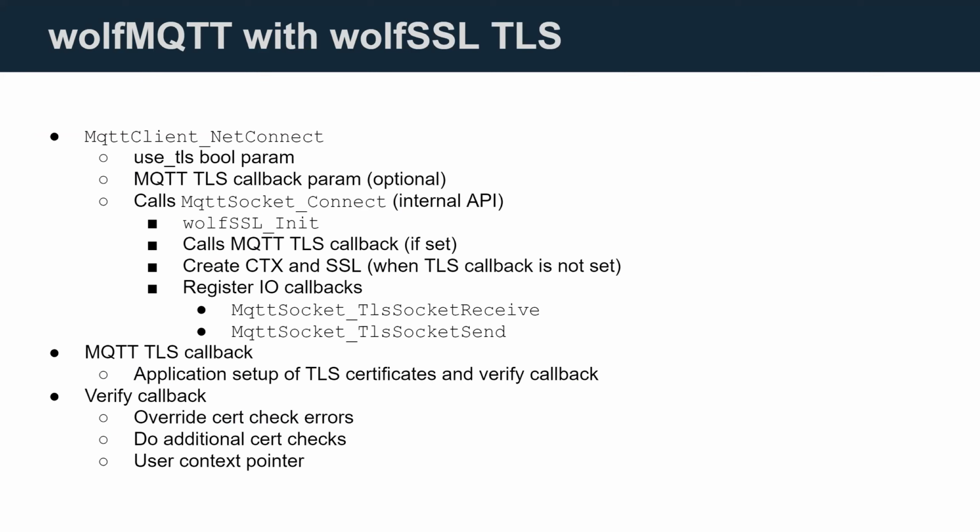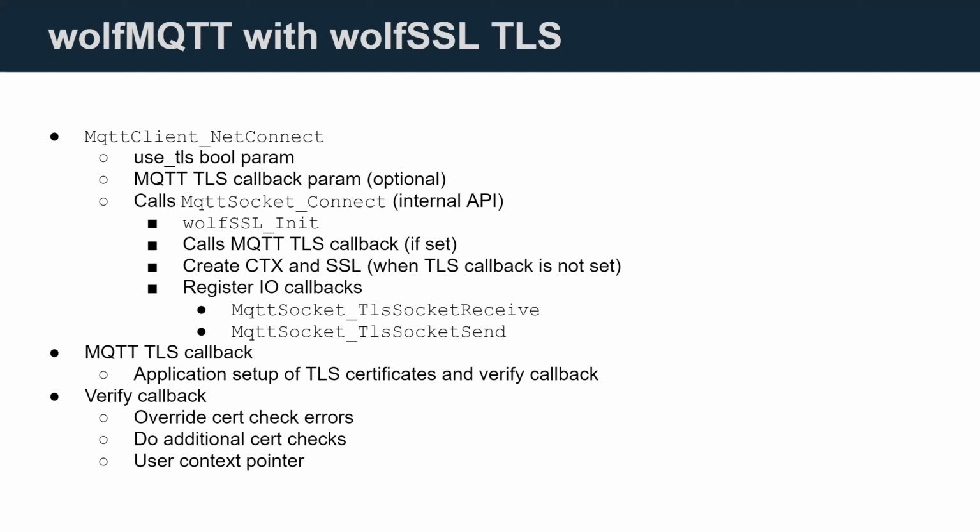Here, I'd like to talk about how wolfMQTT interfaces with wolfSSL to connect using TLS. The net connect API establishes the socket connection before any actual MQTT packets are transmitted. There are 2 parameters related to TLS here: the flag to use TLS and the optional MQTT TLS callback function pointer.